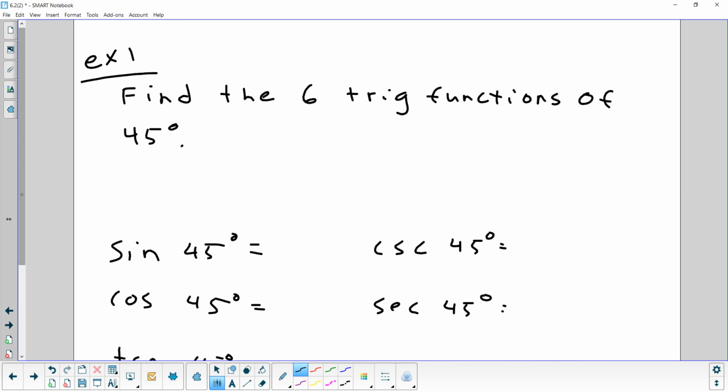All right, so let's try this problem. Find the 6 trig functions of 45 degrees. Anytime that I want to do unit circle trig, what is it that I must have? Without this, I can't use any of those 6 formulas.